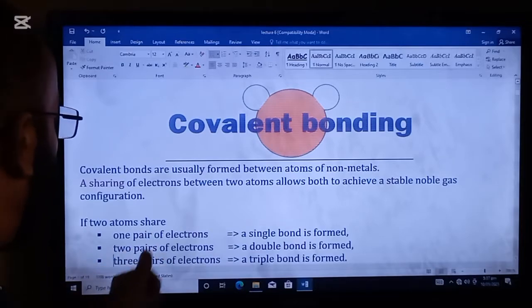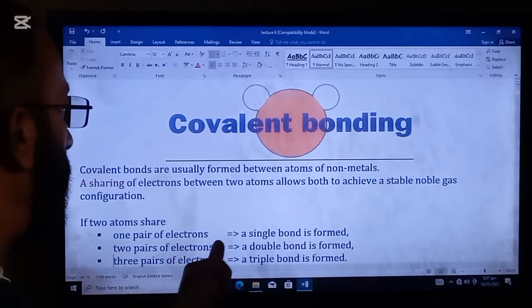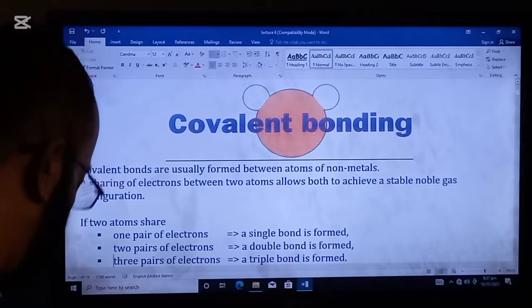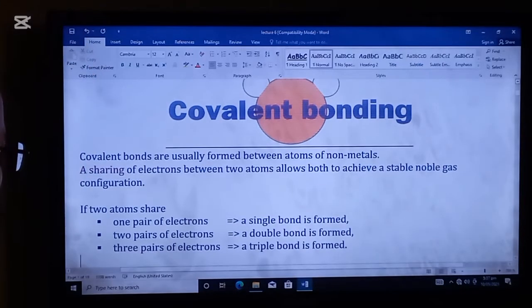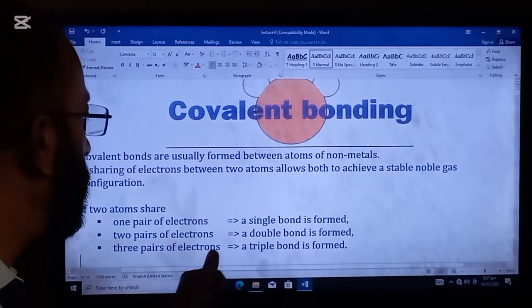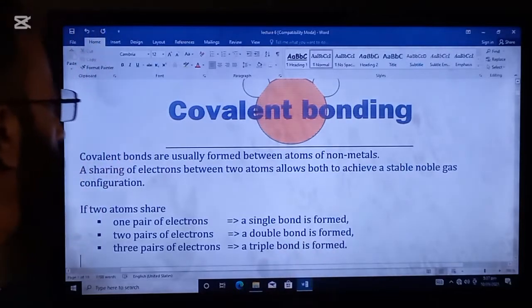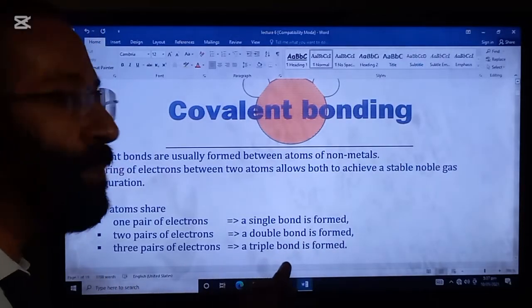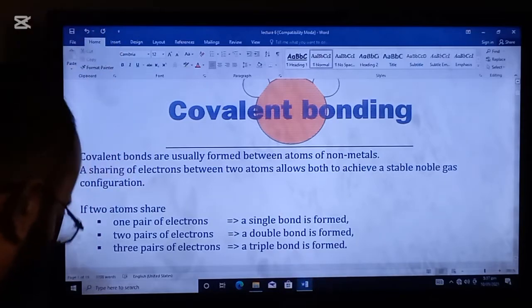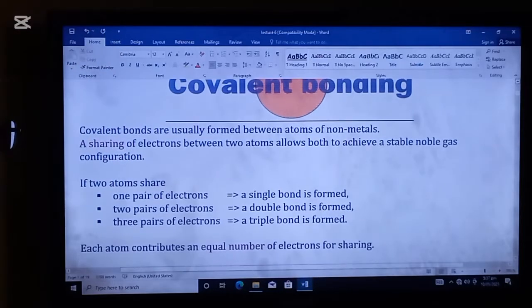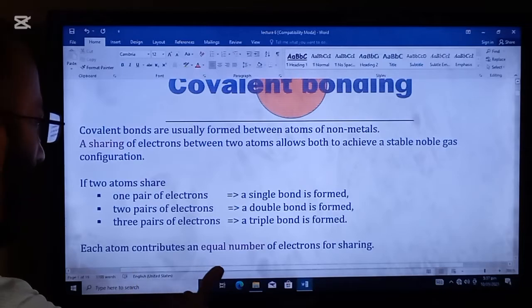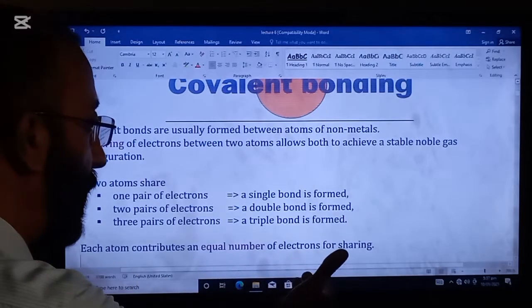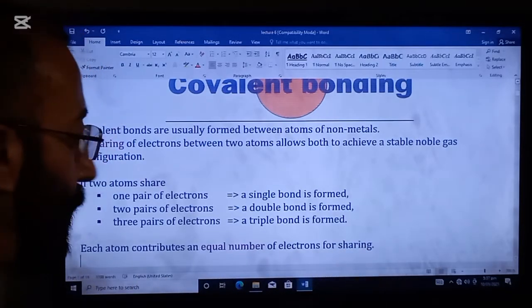If two atoms share one pair of electrons, a single bond is formed. Two pairs of electrons, a double bond is formed. Three pairs of electrons, a triple bond is formed. Each atom contributes an equal number of electrons for sharing.